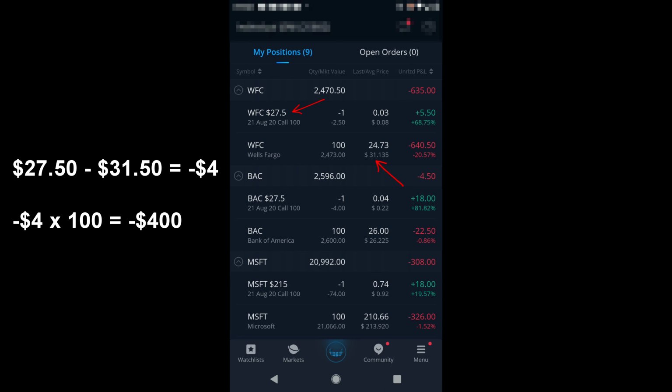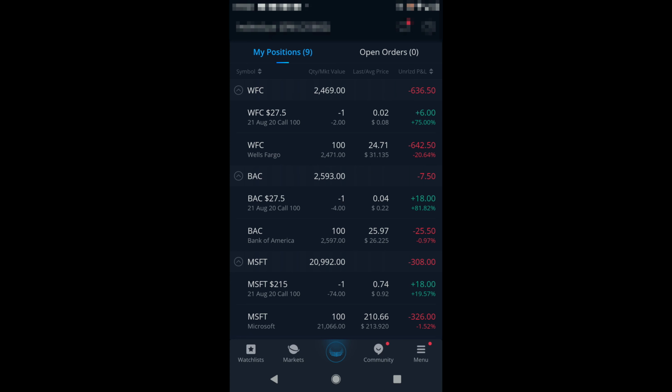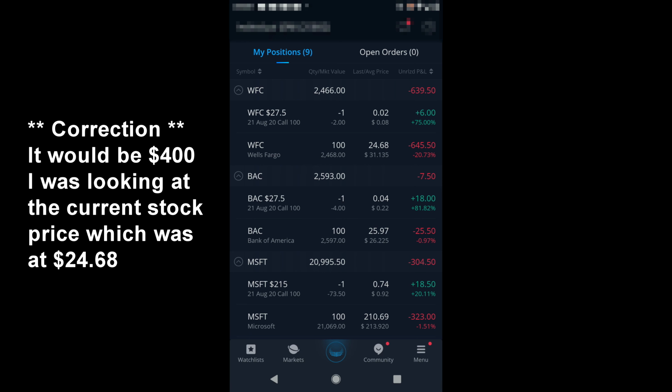That's how much money we would lose in the difference. So what you would want to do in that case, if the stock was starting to go back up and there was a chance to hit the strike price, is buy it back and just pay the difference, because it would be a lot cheaper than having to lose $600 like in my case. So that's another reason why you would want to buy back a contract, and then you could roll it.